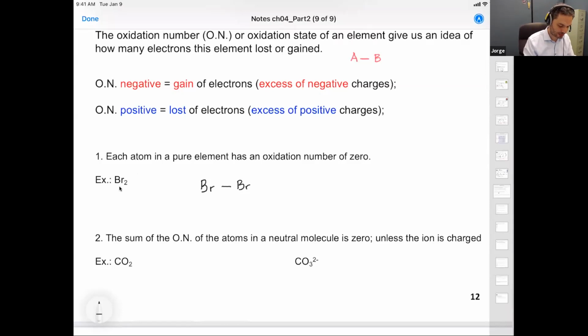Again, I'm representing here the pair of electrons shared by this horizontal line. You may also see the Lewis representation being written like that. And that means that this pair of electrons is shared. So let's write here, shared pair of electrons.